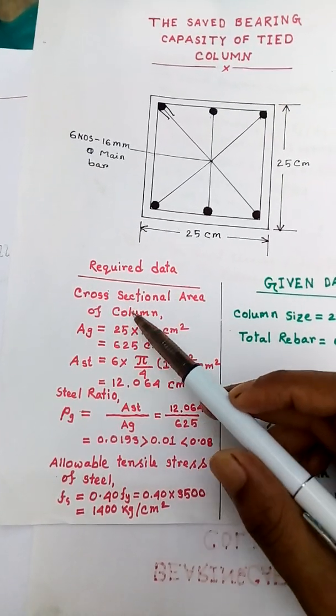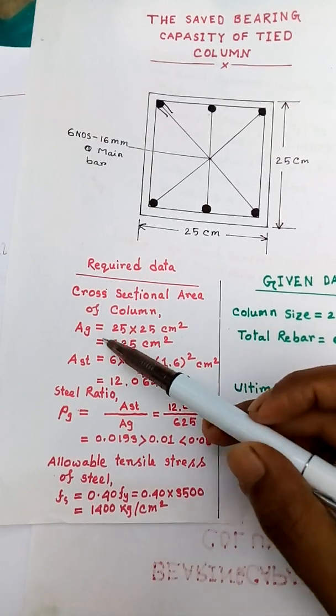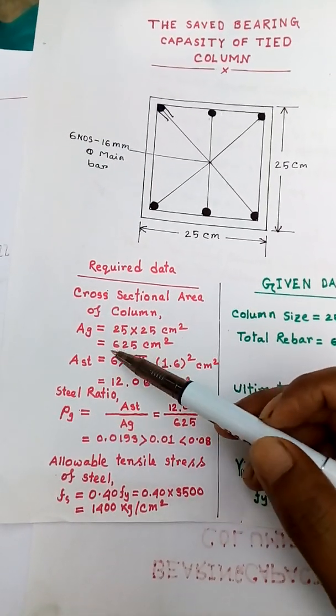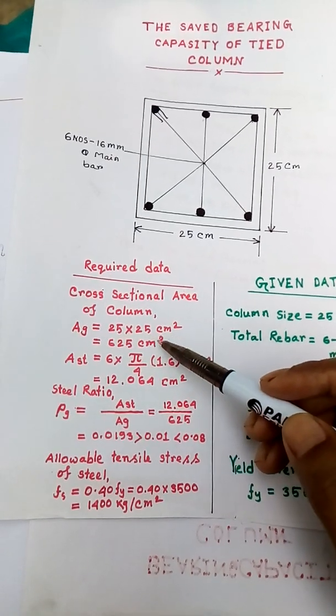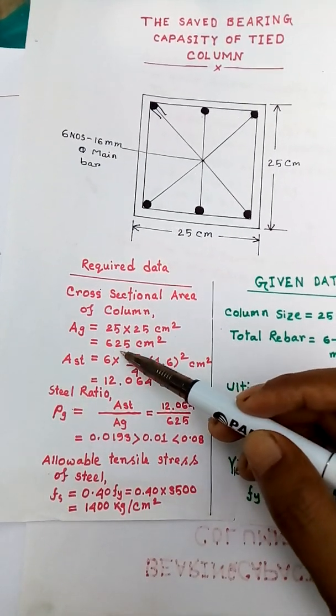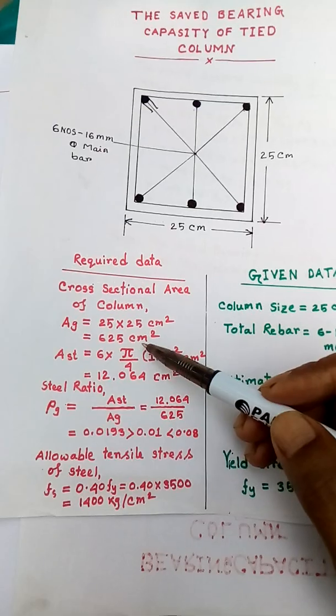Required data: cross sectional area of column Ag equal to 25 centimeter into 25 centimeter equal to 625 square centimeter.